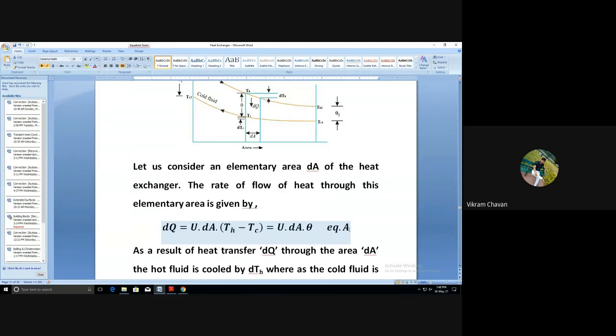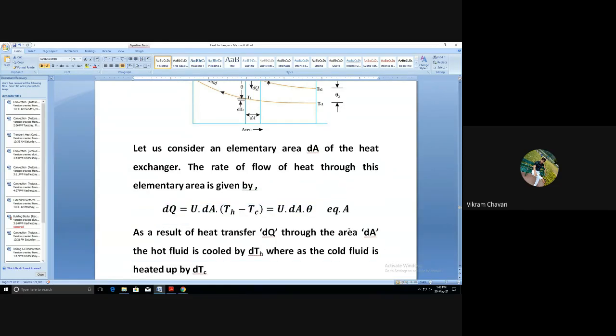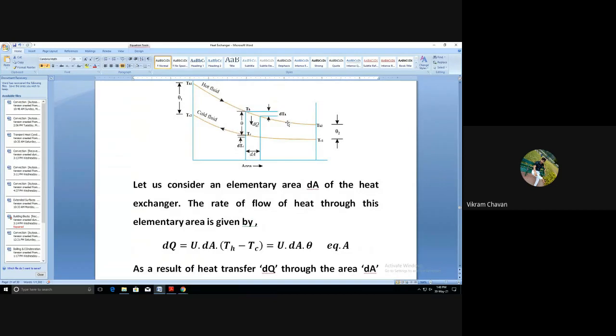Similarly, in the case of parallel flow, we considered that the hot fluid is losing dq amount of heat to the cold fluid in an elemental area, so that the cold fluid temperature increases by dTc and the hot fluid temperature decreases by dTh.